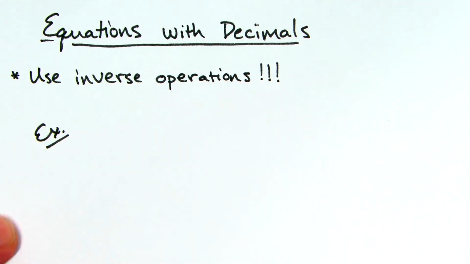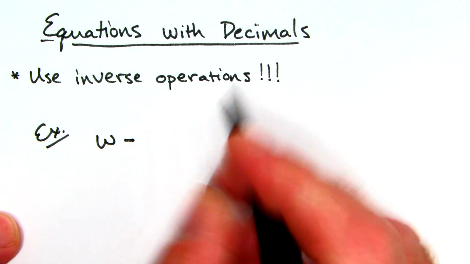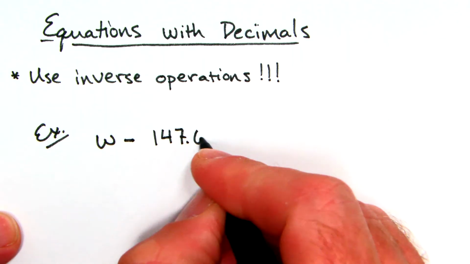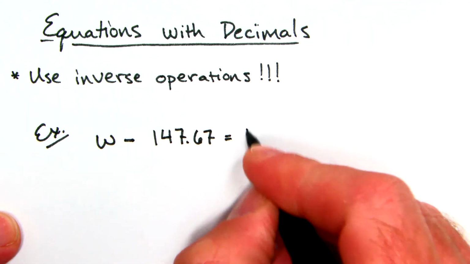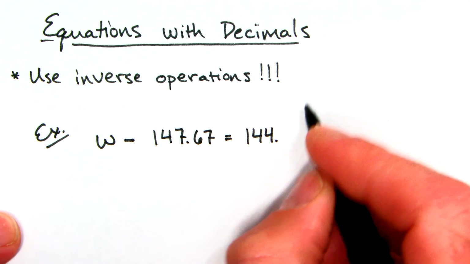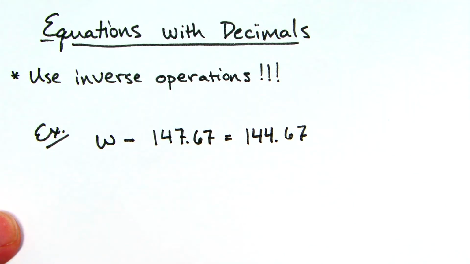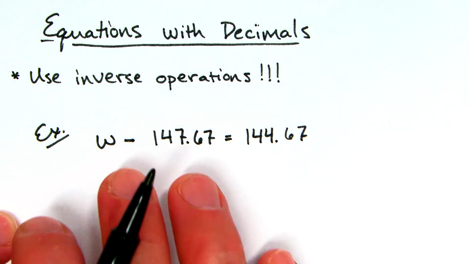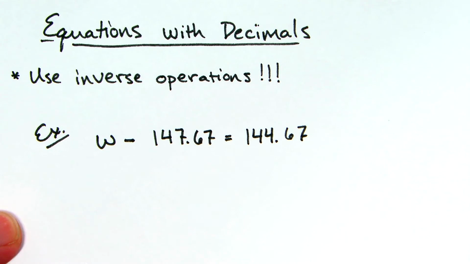All right, so let's take the first one, w minus 147 and 67 hundredths equals 144 and 67 hundredths. What is this wanting us to do? It wants us to take w minus 147 and 67 hundredths.